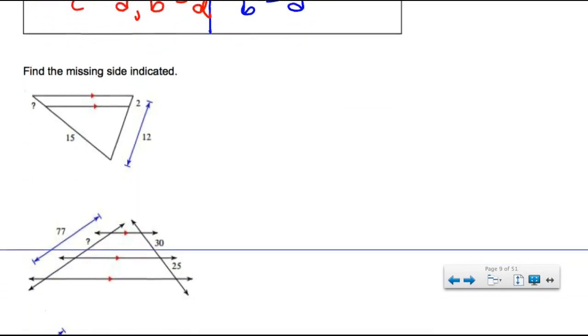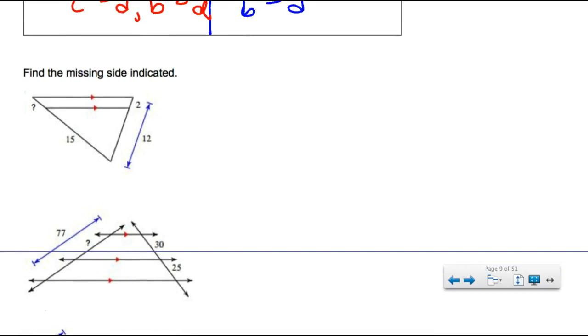So let's go take a look over here. It says find the missing side length indicated. Well, I've got some parallel lines being cut by transversals. So this is situation number one, where it gets cut proportionally. So I'm going to call this X. X is to 2.